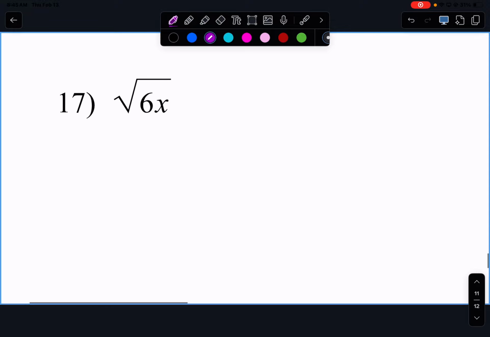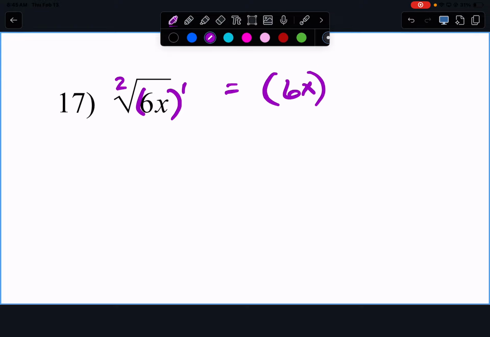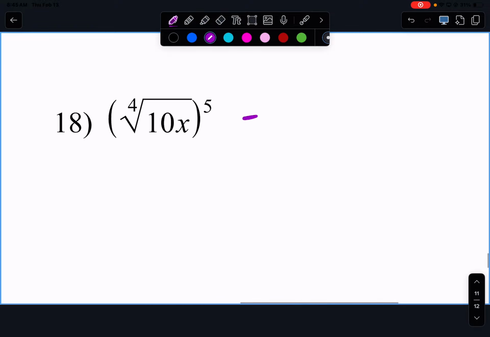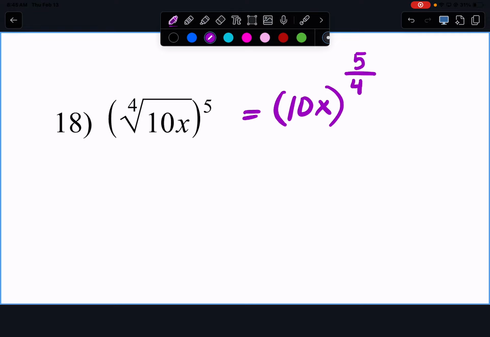For 17, what's our understood root? And what exponent are both the 6 and the x raised to? So we can actually say 6x to the what power? Then 18, this is just going to be 10x to the what power? Take our power to the top like the leaves, root to the bottom. That's all we gotta do for that.